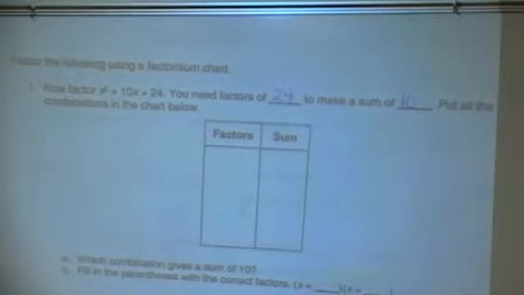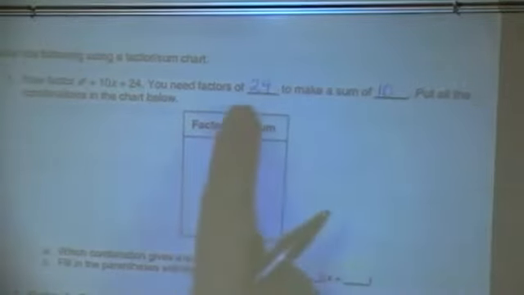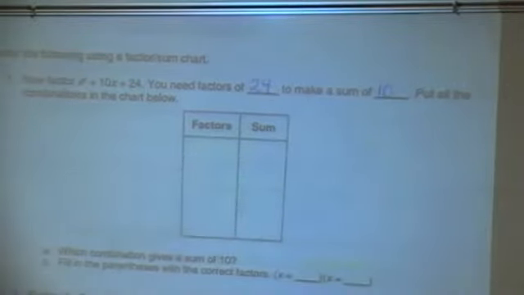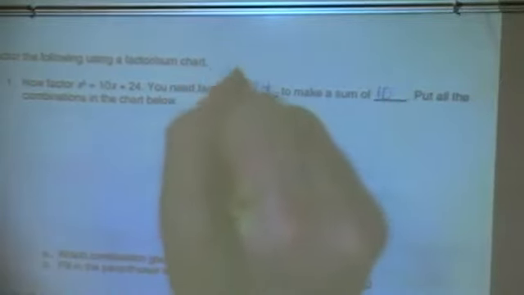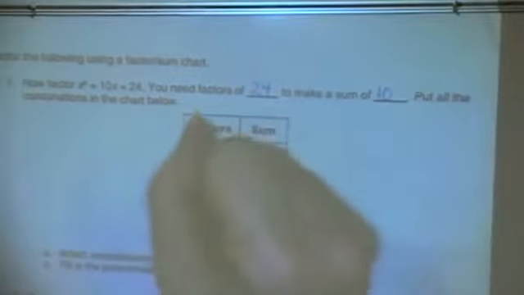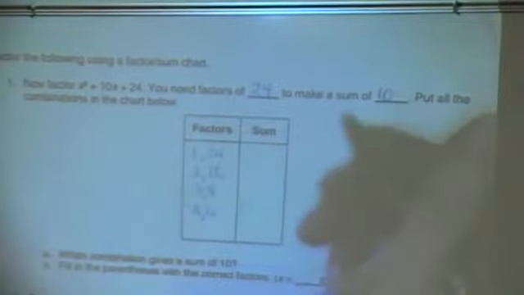Okay, well, you can just go through and list all the factors of 24. Now you list them in their factor pairs. So 1 goes with 24, 2 and 12, 3 and 8, 4 and 6. Those are all the factors of 24.